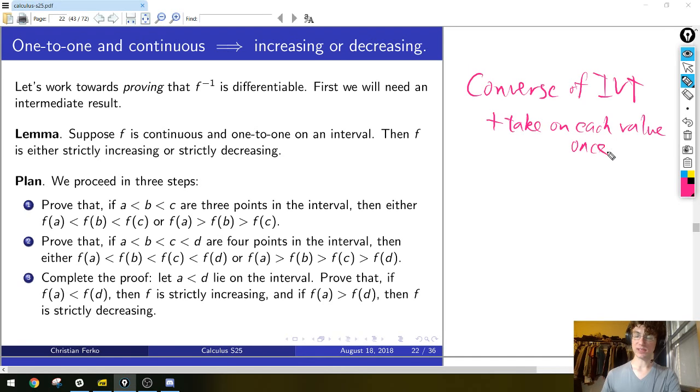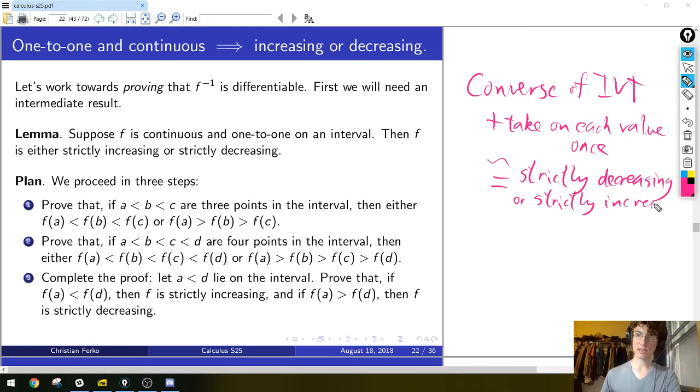then you're continuous. But you answered it in an interesting way, because when I pressed you and said, what did we actually prove? You said, we proved that if you hit every value in between, and you're either strictly increasing or strictly decreasing. So instead of taking on each value only once, you said strictly decreasing or strictly increasing.